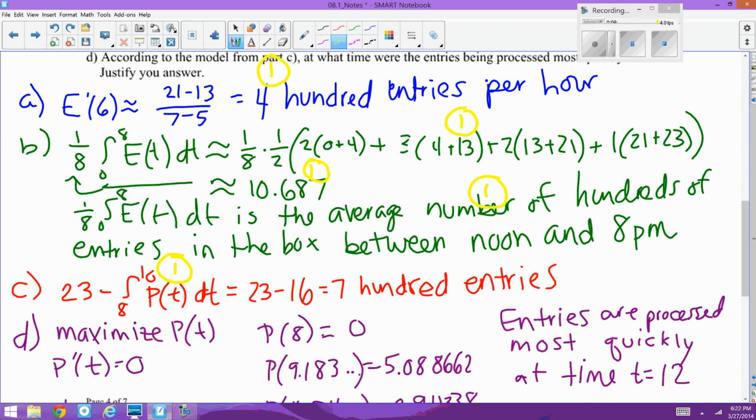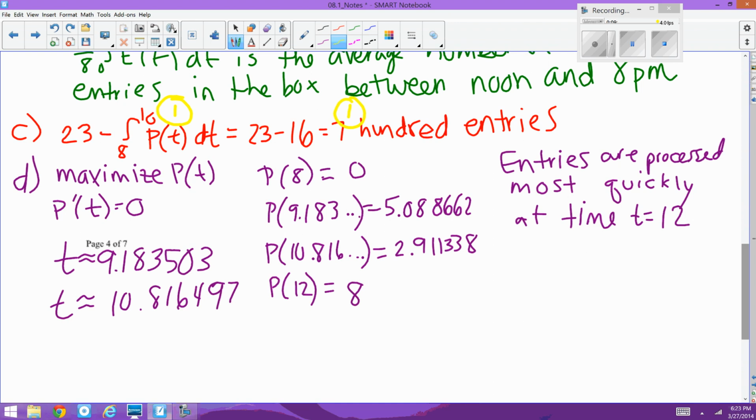And then you get a point for the answer. So now we're up to 6. And so we have 3 left in the last one. Just for realizing that the critical values occur when the derivative is 0, 1 point. You get 1 point for having all of these values, and you also get 1 point for answering the question, for a total of 9.